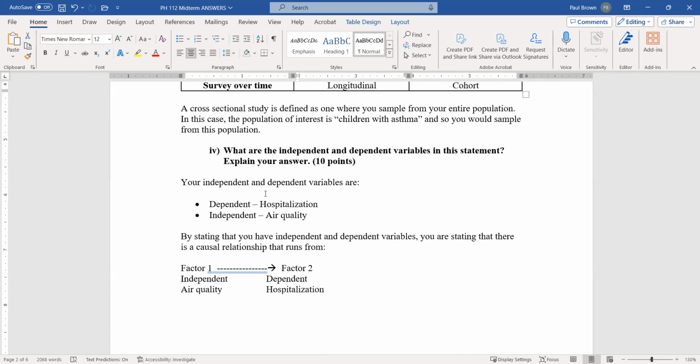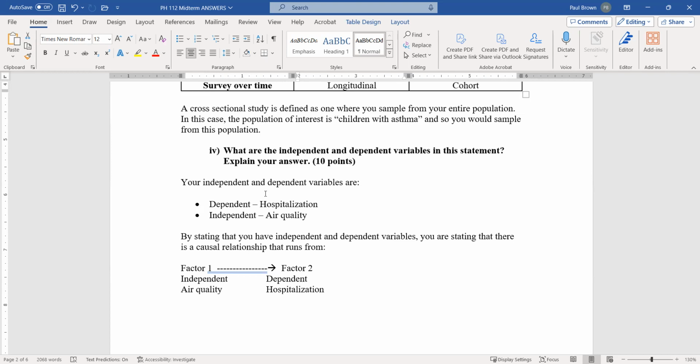Any comments on this? Yeah, so there's a lot of you still struggling to identify the variables, but that's a big question as well. You need to explain your answers. I was looking for a lot of you to do that, even though some of you flipped them.